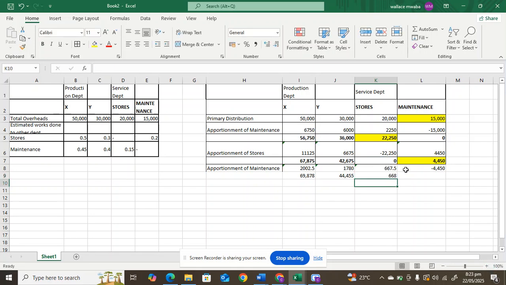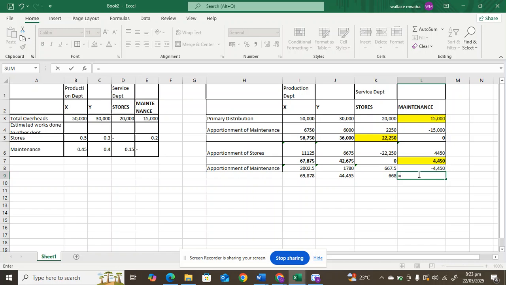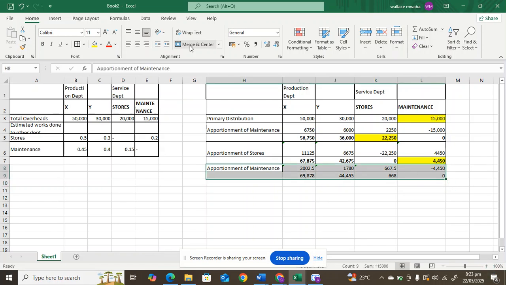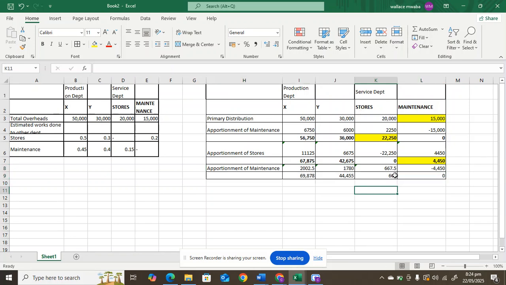You get 668. And then for the maintenance department, you say 4,450 plus negative 4,450. You get 0. Okay, so the process continues until all the values will eventually end up to 0.